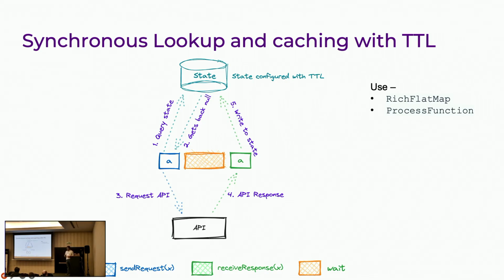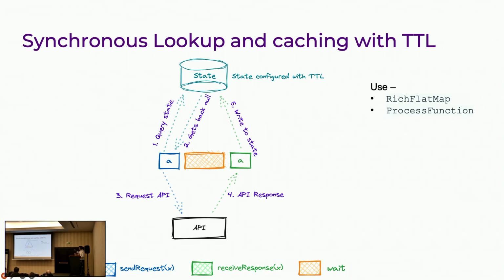It doesn't get the data back, so it makes a call to the API, gets a response from the API, and writes it to the state with a TTL. When you are using Flink state, it's always advisable to use TTL because that would ensure your state doesn't grow over a period of time. It will also make sure that the checkpointing process runs smoother and takes a small amount of time.